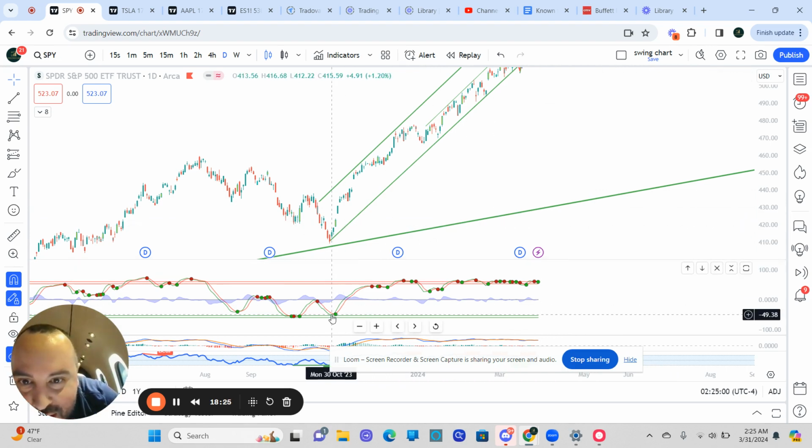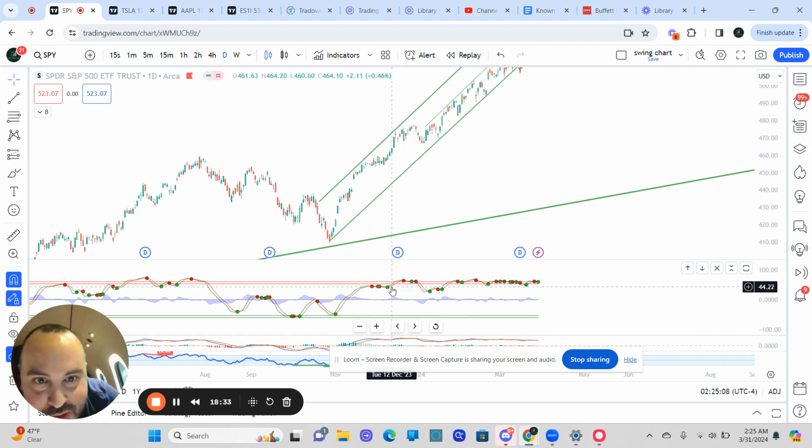I said you wait for the move to happen and then you get in. You don't just short it. So for instance, you can see here we've been overvalued. This is a daily chart since November, you know what I mean? We did have this small, like, you could have shorted here, I guess, when this started. No, not really.